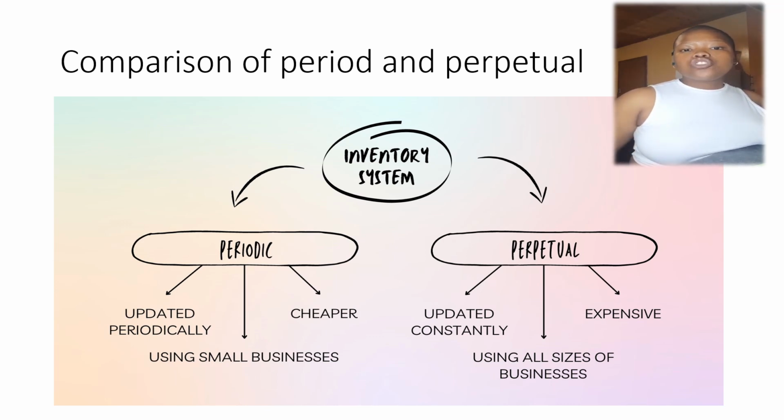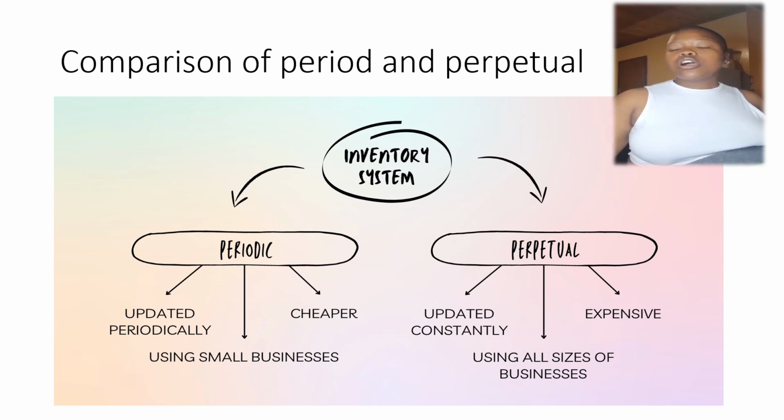And with the perpetual inventory system, it is updated constantly, like on a regular basis. After stock has been sold, after purchases have been made in the business, if there's any movement of stock in the business, it is updated. And it is expensive because it's done on a regular basis.